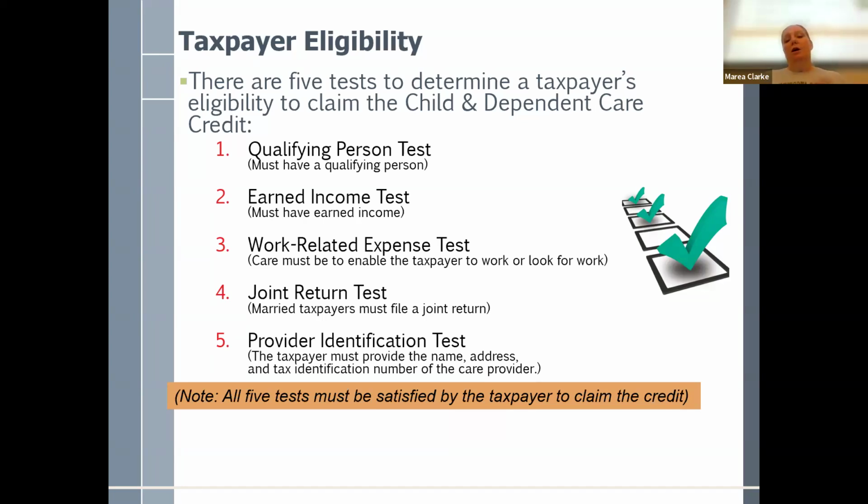So we're starting to get into some of the credits where the IRS gets a little bit more grumpy about making sure that all of the information is there because it's easier to cheat. They want more documentation and more information to make sure that only eligible expenses are used, right?